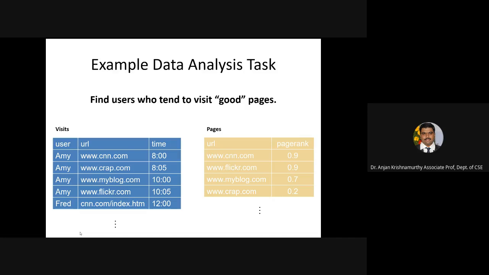And then you have PageRank, which will rank this particular system. Based on the number of times a person has visited this particular link, the ranking will happen with certain formulas. So this is a very simple data analyzing task.